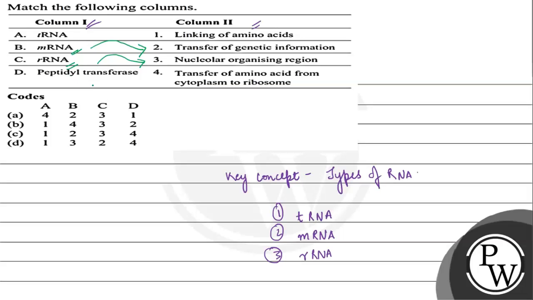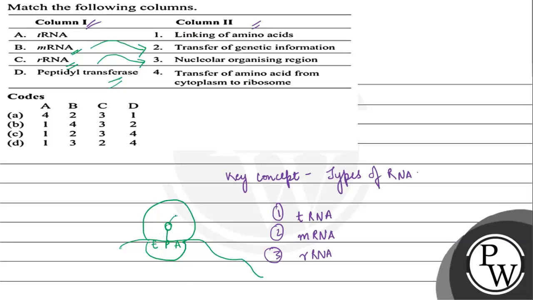Next, we will be talking about tRNA and peptidyl transferase. In the case of peptidyl transferase, what happens? Suppose this is a larger subunit and this is a smaller subunit, and they have the sites A, P, E. At these sites there is an mRNA associated. Now suppose one amino acid is present at the P site.